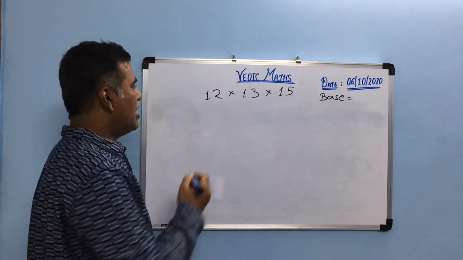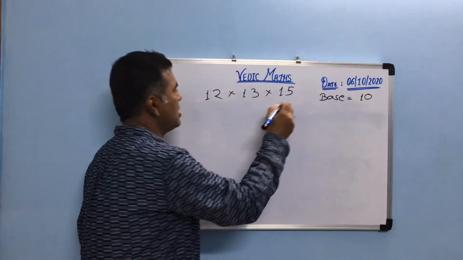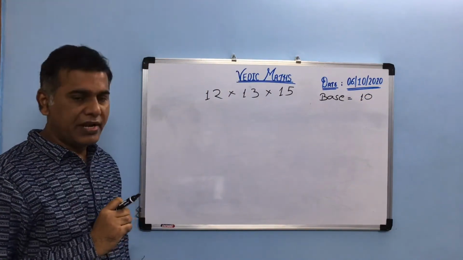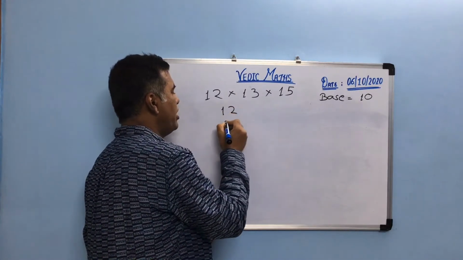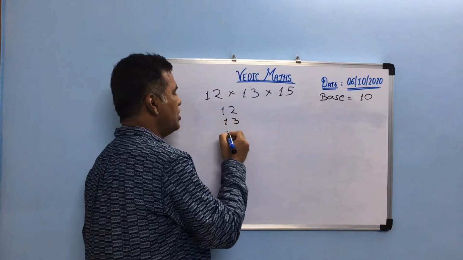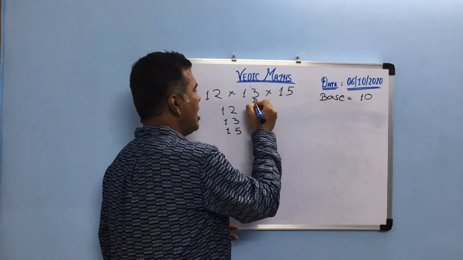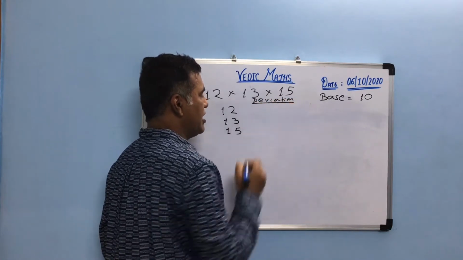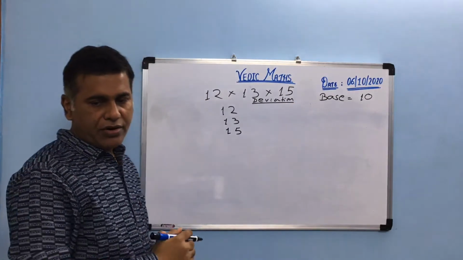Here we have taken the base to be 10, because these three numbers are nearer to 10. Then I will write like this. First number is 12, second number is 13, and third number is 15. And here I will write their deviation. Deviation means differences from the base.